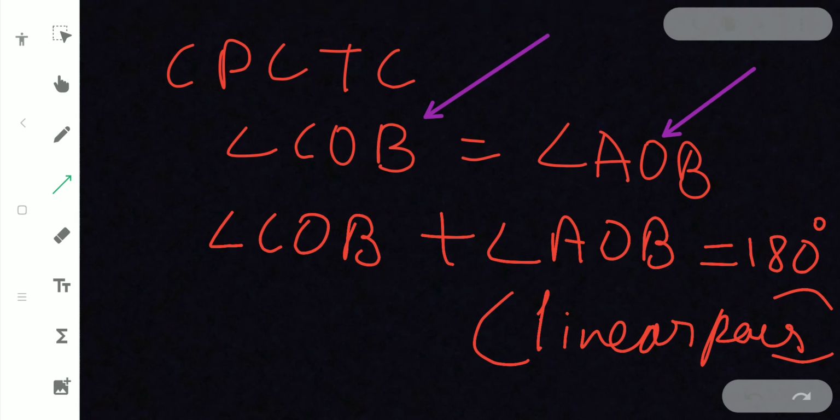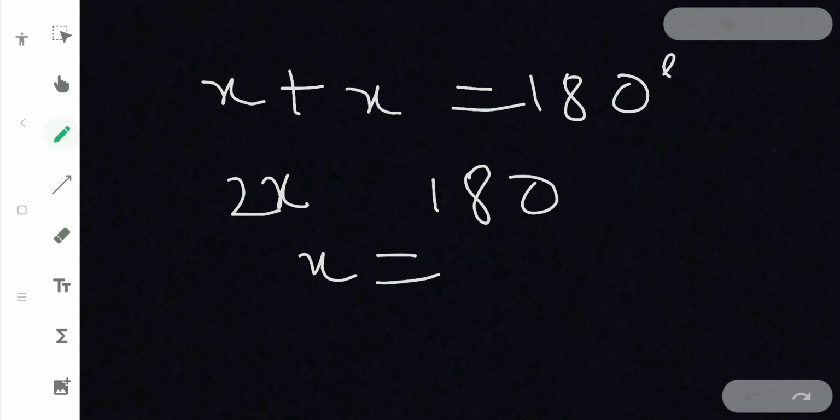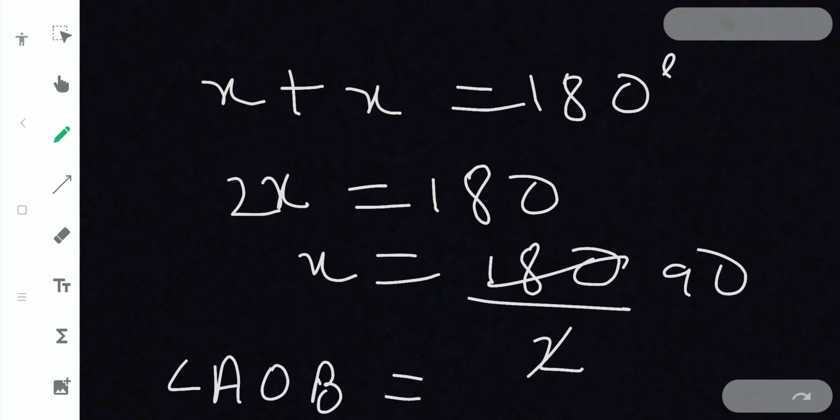So x plus x is equal to 180 degree. X plus x is equal to 2x, which is equal to 180 degree. X is equal to 180 by 2, 90 degree. X is nothing but angle AOB, which is equal to 90 degree.